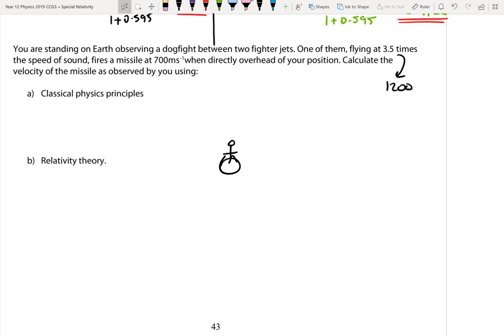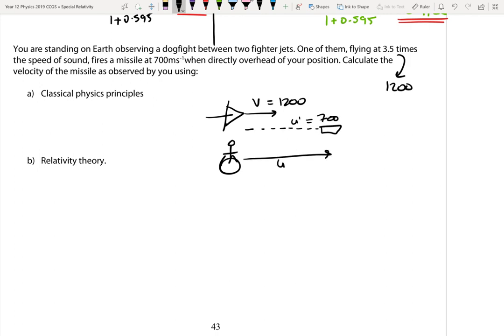Here is a spacecraft travelling at v equals 1200, and then it fires a missile, u prime, at 700, and then we want to go, what does u equal?